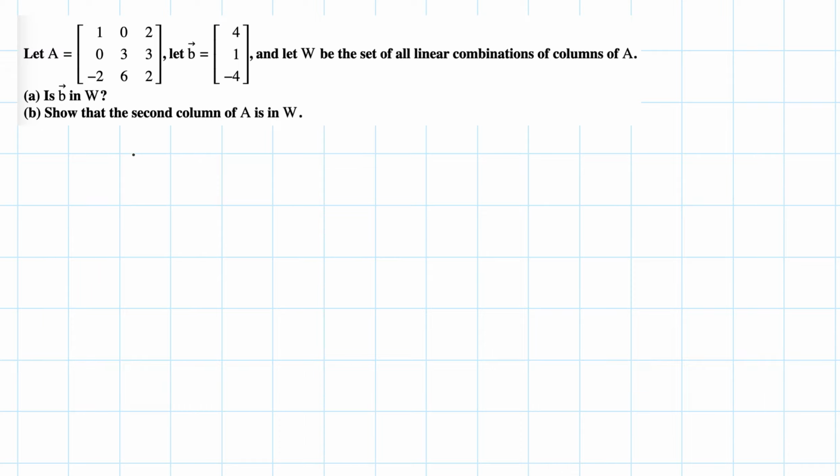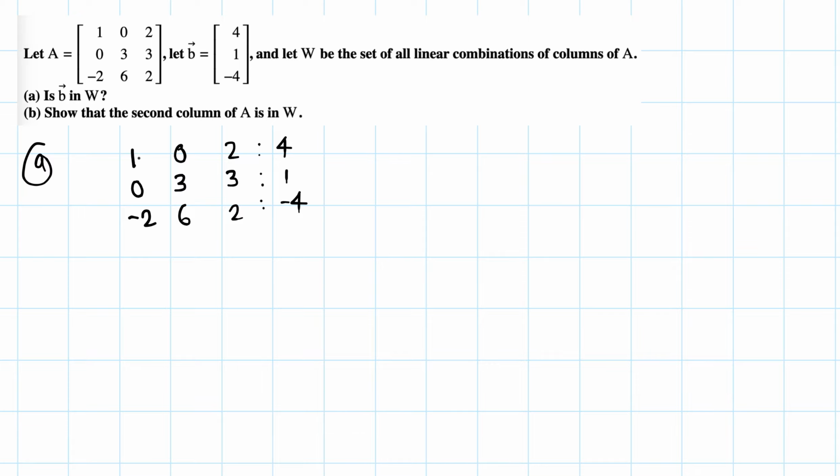The columns are 1, 0, negative 2; 0, 3, 6; 2, 3, 2. These are the 3 columns. We want to see if a linear combination of these 3 columns will produce B.